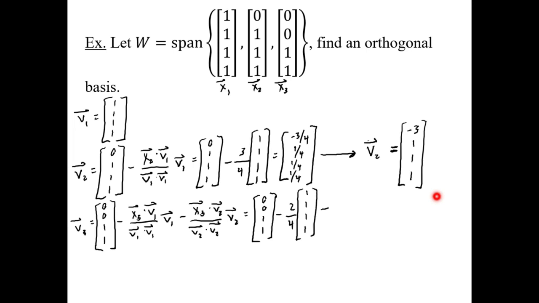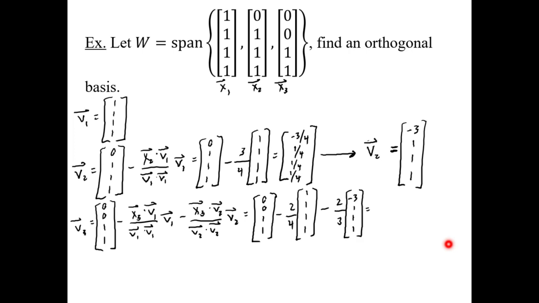minus x3.v2 is 2 over v2.v2, which is 3, times v2, which is negative 3, 1, 1, 1.